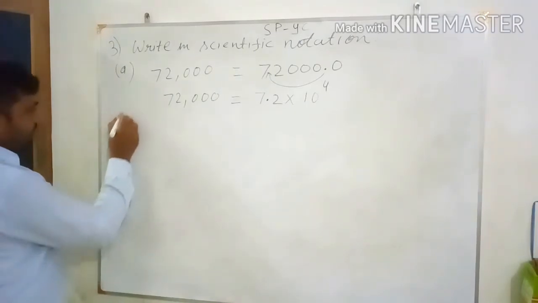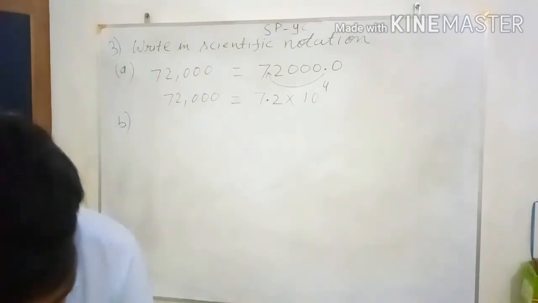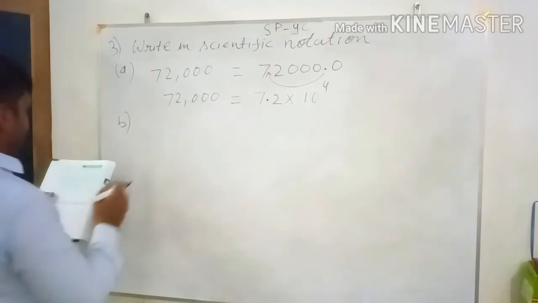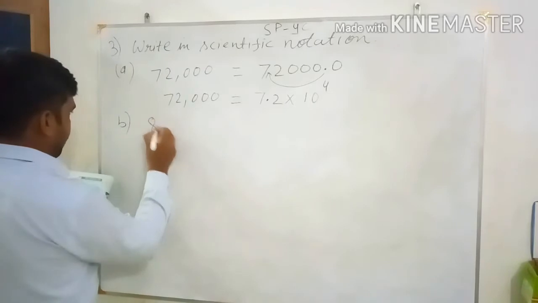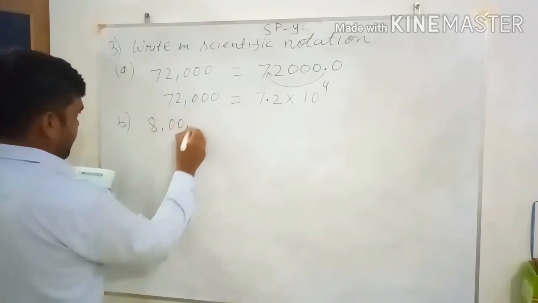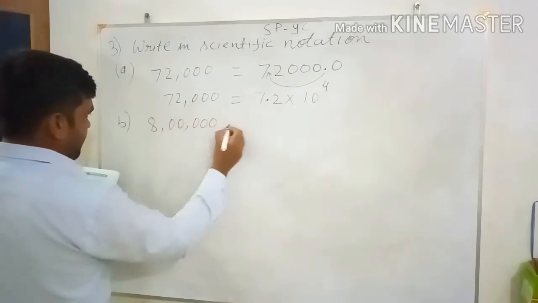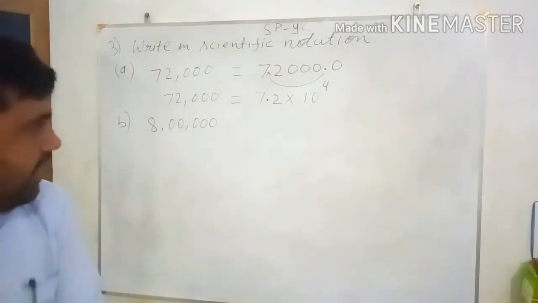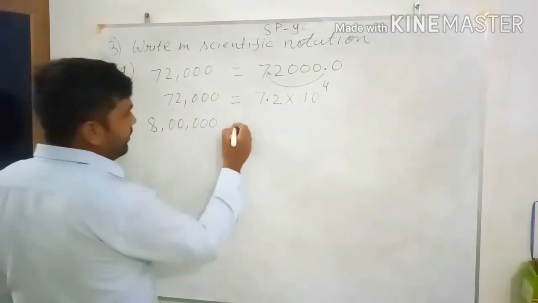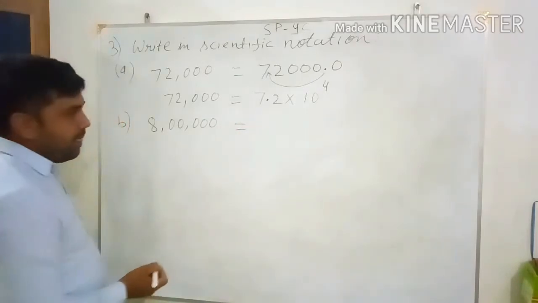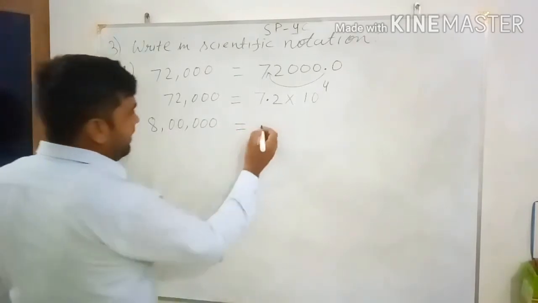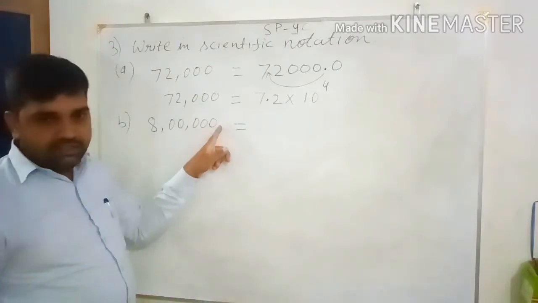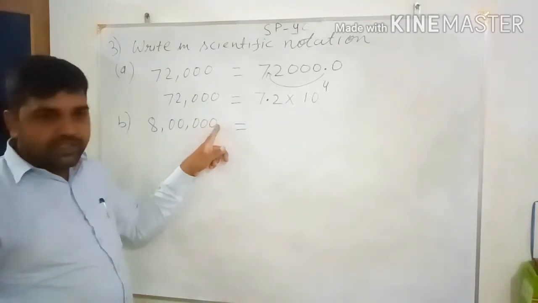Similarly, we do question B. B is 8 lakh. See, 8 lakh, how you can write? 8 lakh means you can consider the decimal at the end of the digit.